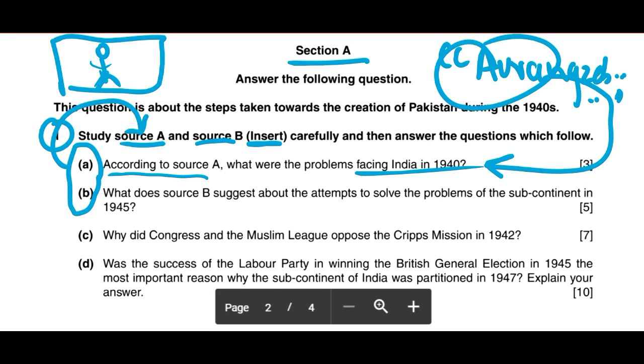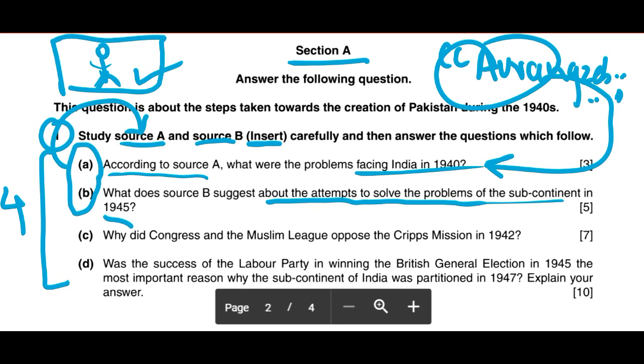What does source B suggest about the attempts to solve the problems of the subcontinent in 1945? So this picture right over here will be depicting an attempt to solve problems of the subcontinent in 1945, and you are going to answer this question accordingly. You've got a total of 4 parts in this question. All of them are compulsory. They have 3, 5, 7, and 10 marks.